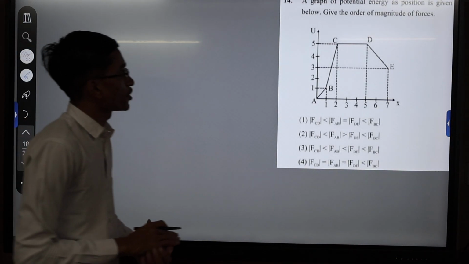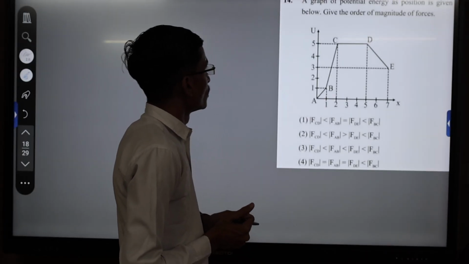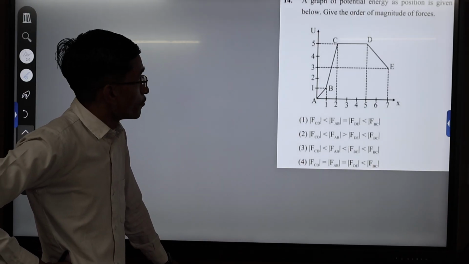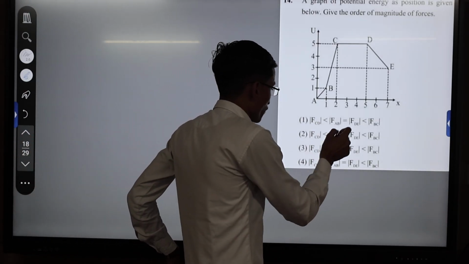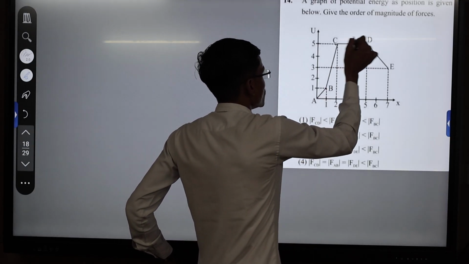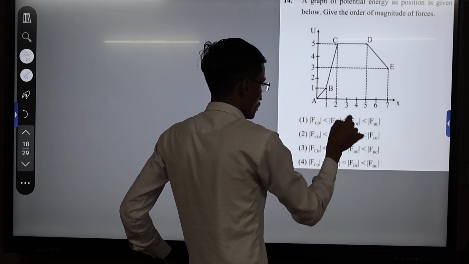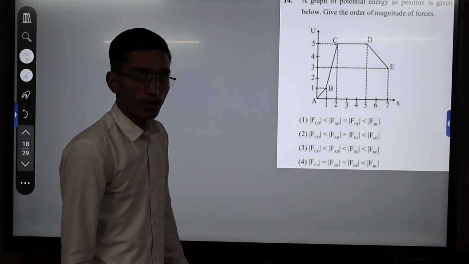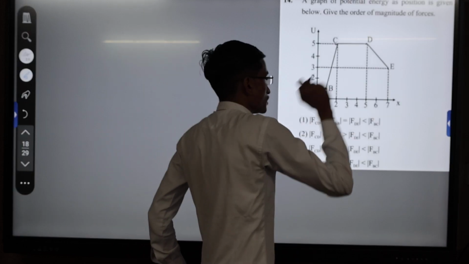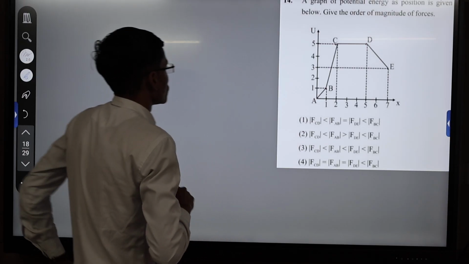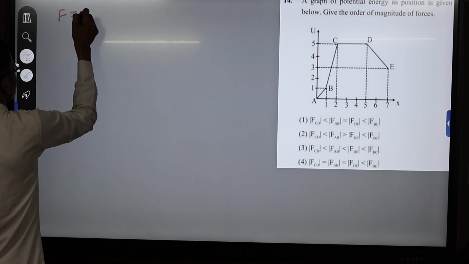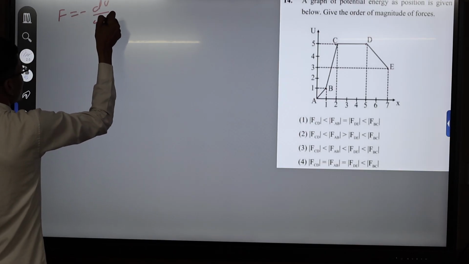Next question: a graph of potential energy versus position is given below. Find the order of magnitude of force in the regions A to B, B to C, C to D, D to E. We know that in the potential versus x graph, the slope of potential versus x gives F is equal to minus dU by dx.